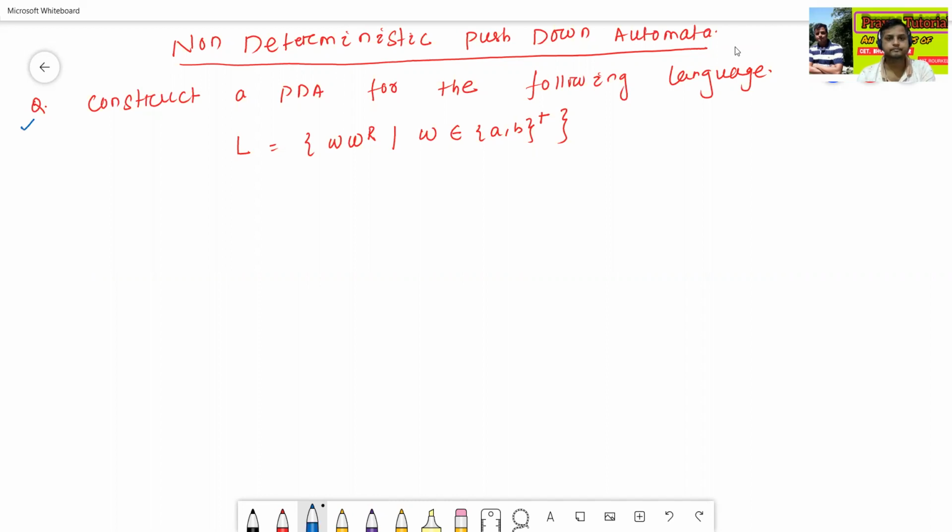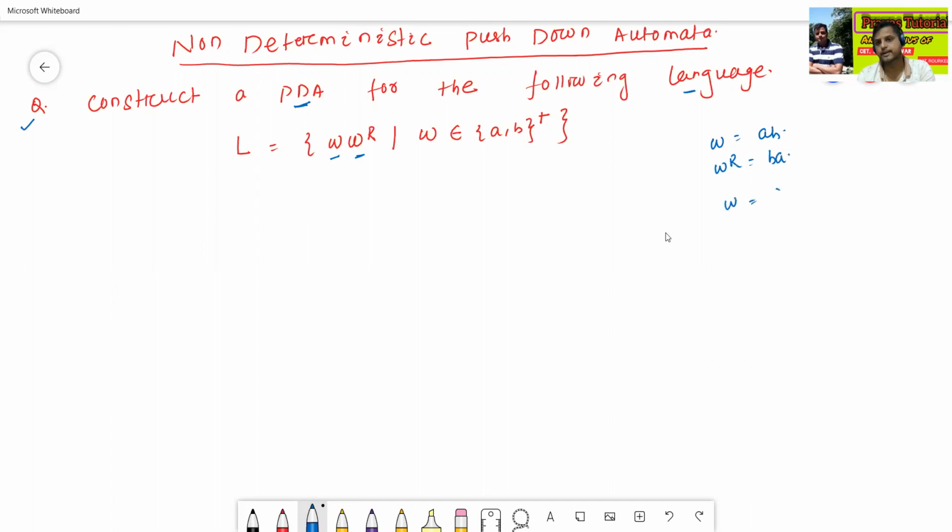See here. Construct the PDA for the following language: L equals W W^R, and W belongs to (a+b) whole plus. So if W equals AB, what is W^R in this case? BA.